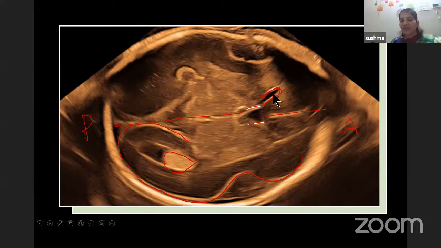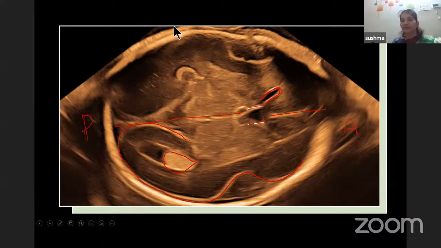So in the transventricular plane, apart from the CSP, we can see the anterior horns of the lateral ventricle flanking the CSP on either side. And we can see the posterior horn of the lateral ventricle. But if you notice here, the lateral ventricle in the near side of the probe, the probe is here, we are seeing from this side.